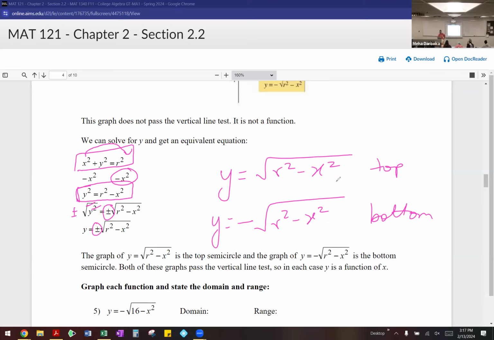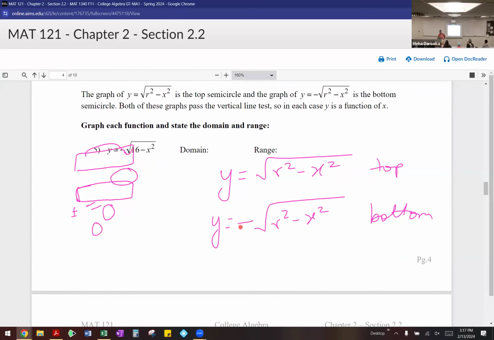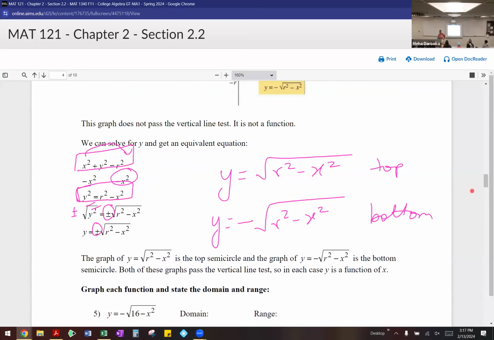So all you need to know if you're looking at a top or bottom is, in front of the square root, do you see a negative sign or not? If there's no negative sign in front of the square root, that's a top semicircle, right? If there's a negative in front of the square root, it's a bottom semicircle. So look at number 5 over here.